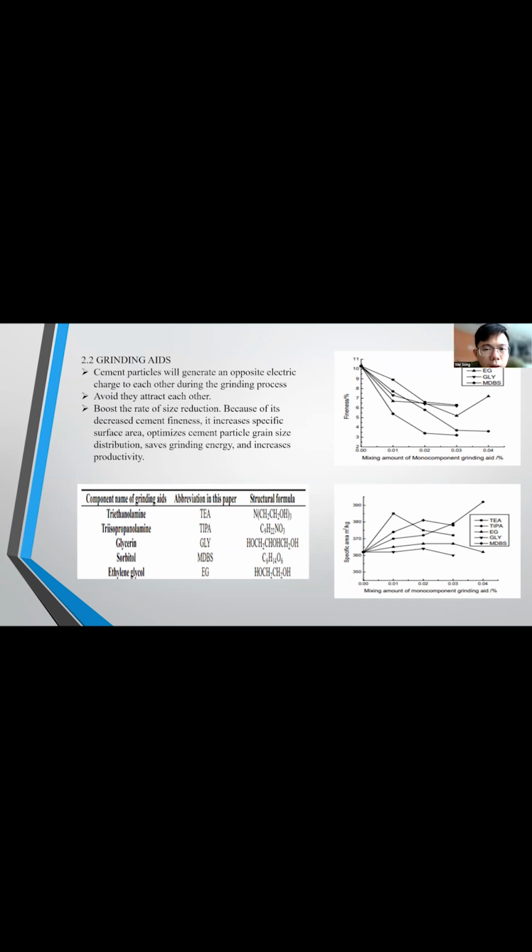As a result, grinding aid can boost the rate of size reduction, and because the cement particle size has decreased, it will increase the specific surface area of cement, optimize cement particle size distribution, and finally it will save grinding energy and increase productivity.